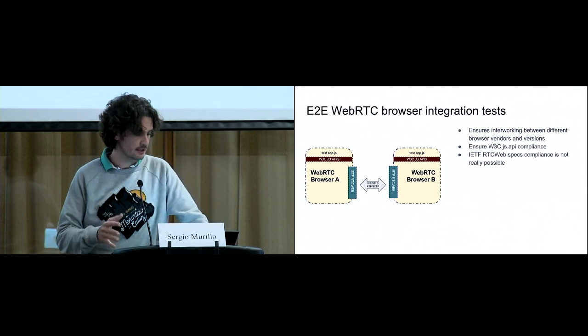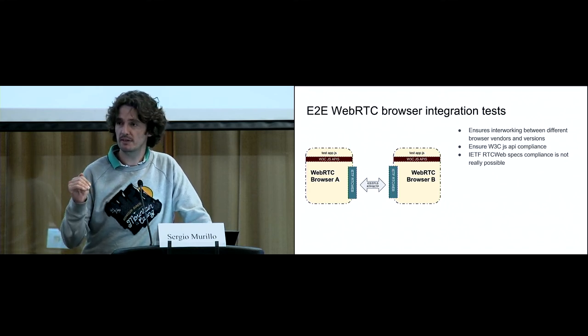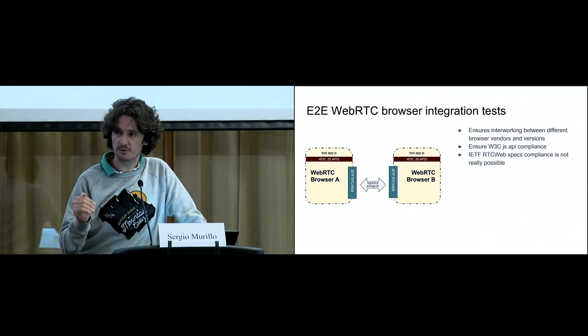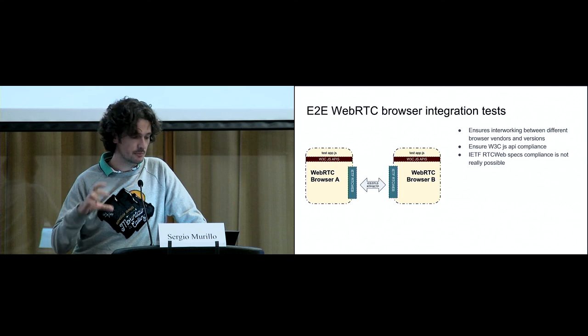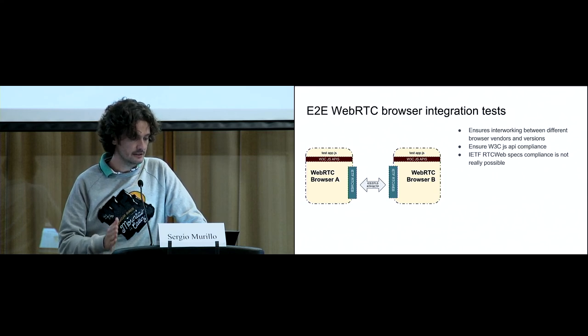As you can see here, the typical architecture of WebRTC has different interconnection layers. You have the JavaScript API, exposed from the browser to the application, and you have all the IETF protocols.